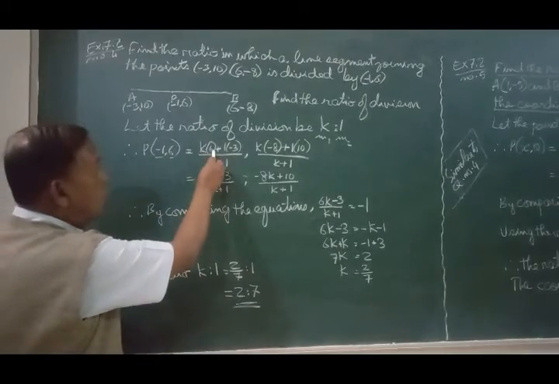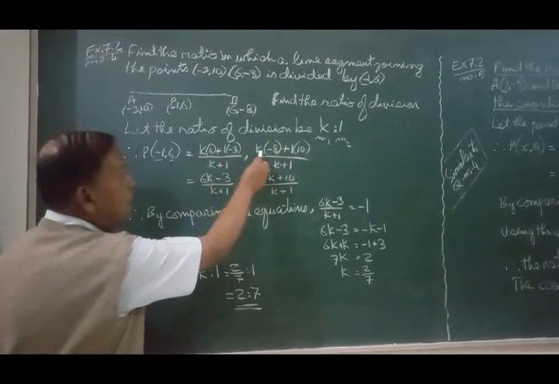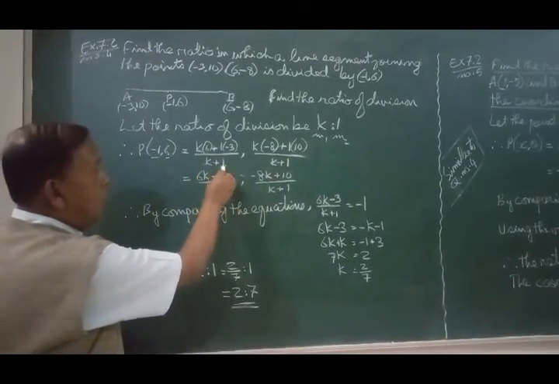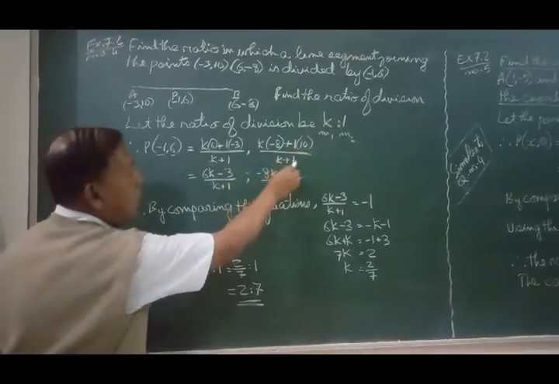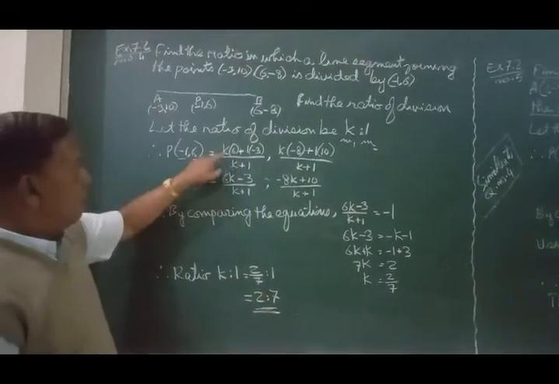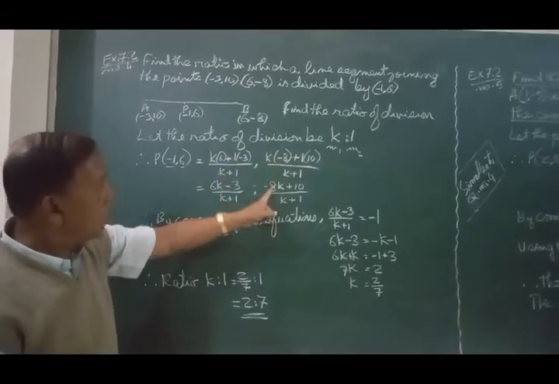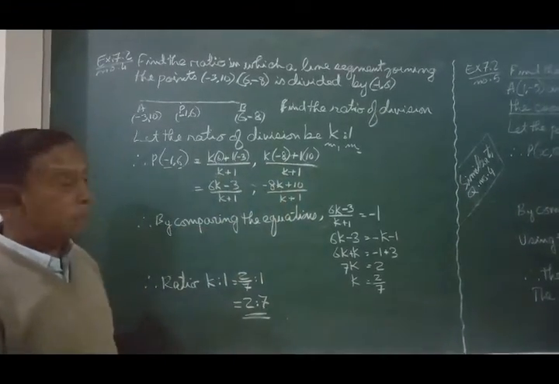Therefore, k into 6, 1 into minus 3, k into minus 8, 1 into 10. K, M1, M2, M1, M2. 6k minus 3, minus 8k plus 10.